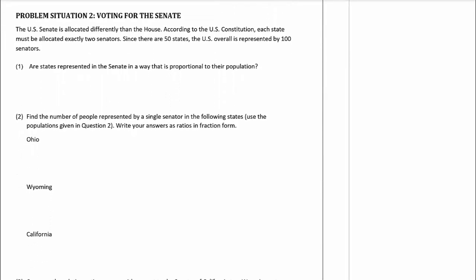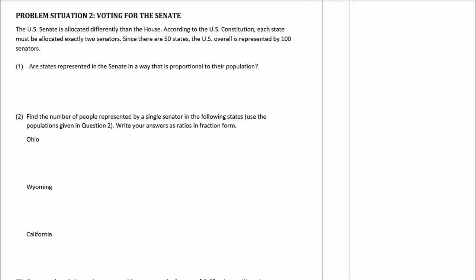So here it goes. The problem says situation number 2 is talking about the Senate. So in the Senate, things are much more straightforward. Okay? The Senate is allocated differently than the House of Representatives according to the U.S. Constitution. Each state, regardless of their size, will get 2 senators, including the poor state of Wyoming.